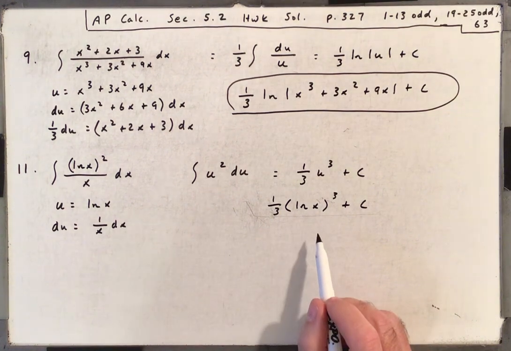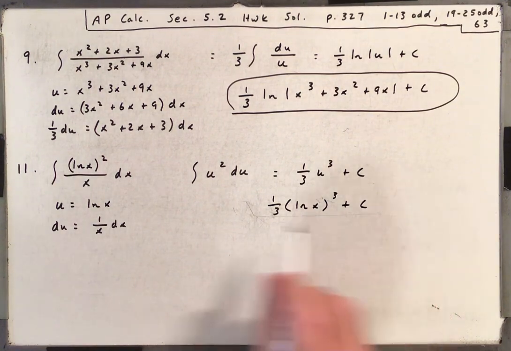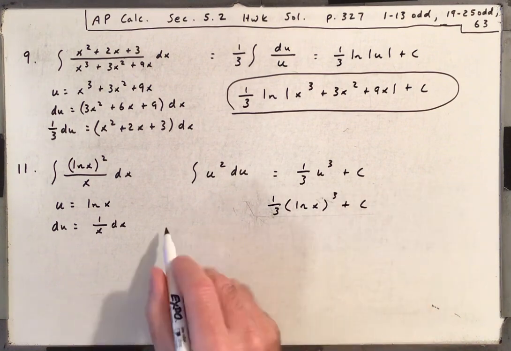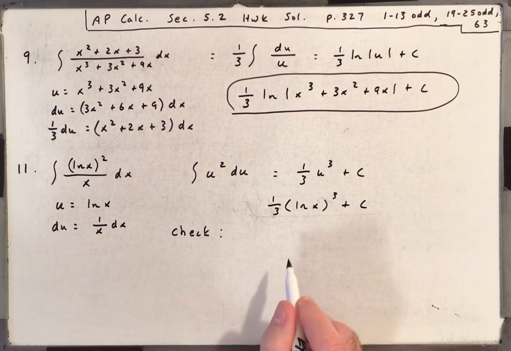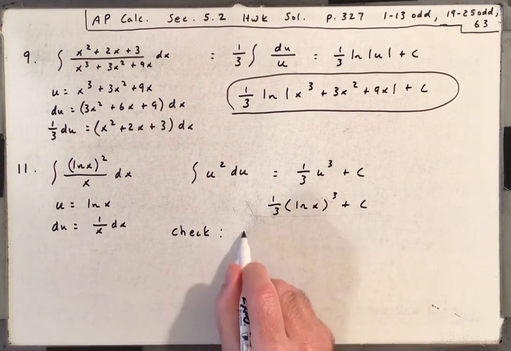All right, so there you go. Could we check that? See if we get back to here. If we wanted to check it, I think this one's worth checking. To take the derivative of that, you'd bring down the 3 times the 1/3.